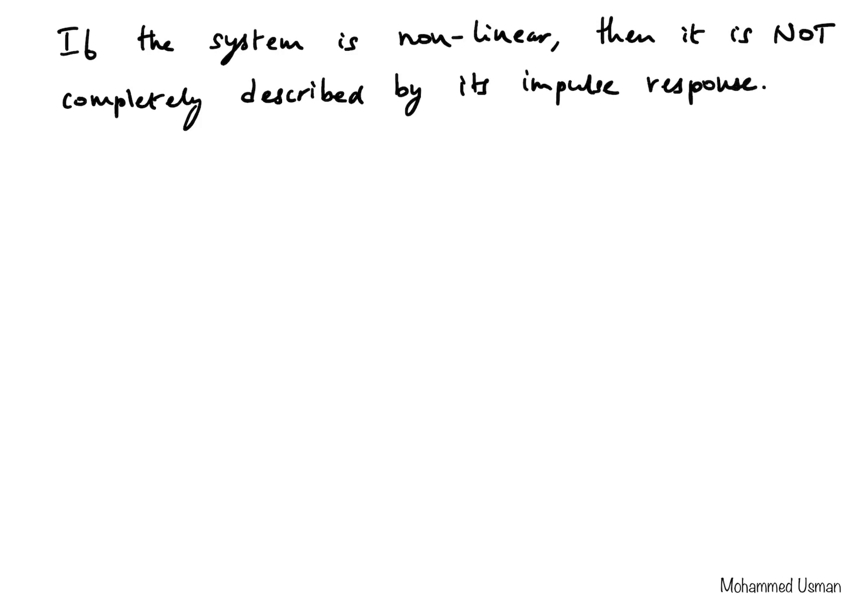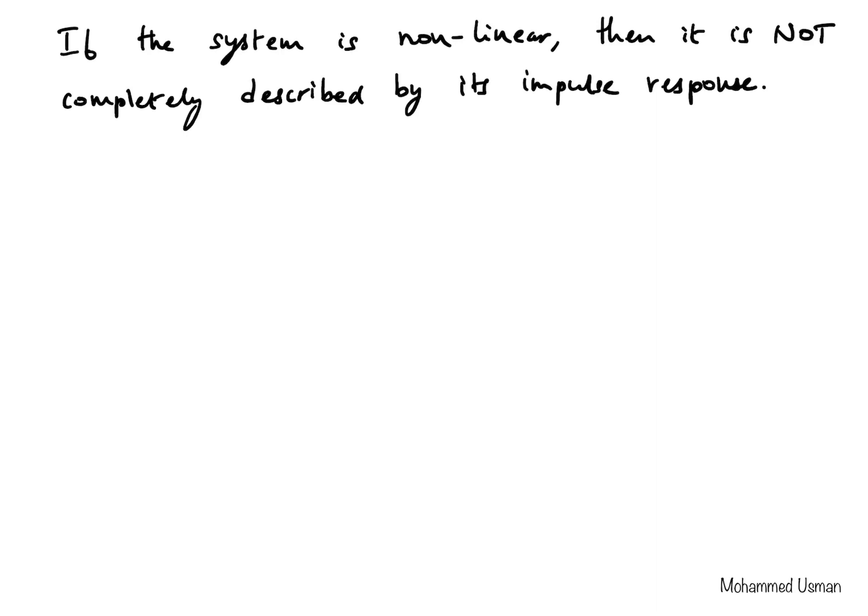Okay, so this feature that the system is completely described by its impulse response applies only if the system is a linear time invariant system. If there is non-linearity, then that statement is invalid. That means the impulse response is not enough to completely describe the non-linear system.